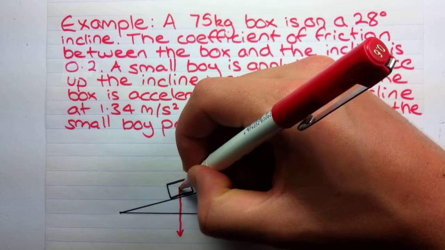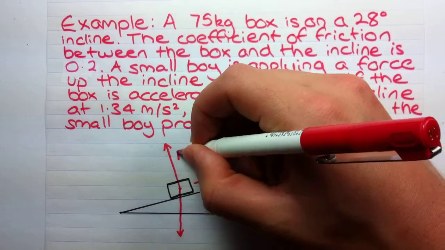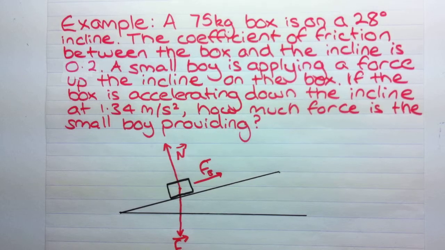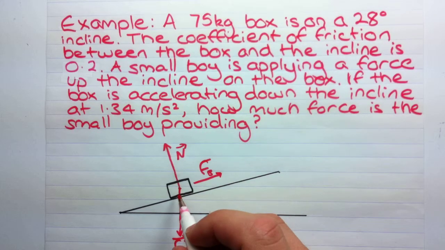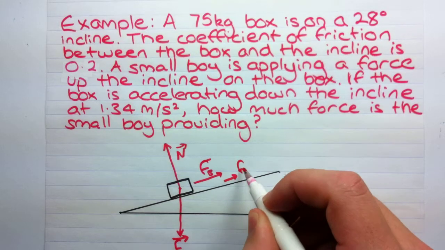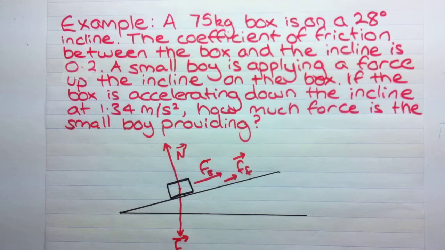And the normal force goes perpendicular to the plane. So that's the normal force. This is the weight force. So like we did before, I guess there's also a friction force going in this direction. We'll just put that in. It's not really too necessary right now, but we'll put that in.